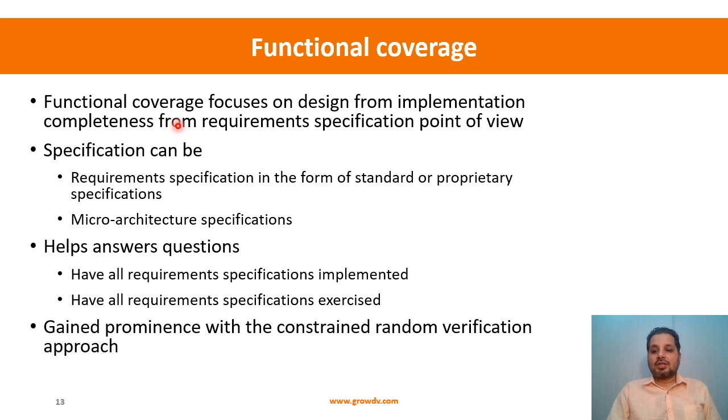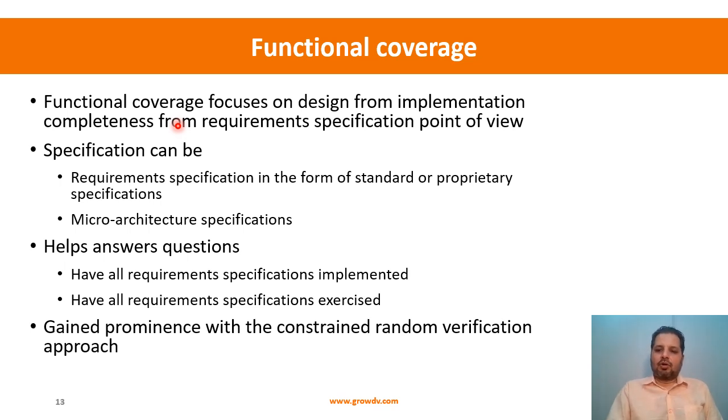And the goal of functional coverage is the completeness of the design from the requirement specification point of view, right? That's what functional coverage is looking at. Generally when you implement functional coverage, you can do both black box as well as white box. If you purely focus on the requirement specification point of view, then it's black box functional coverage, where you are not looking internally at how it's implemented.